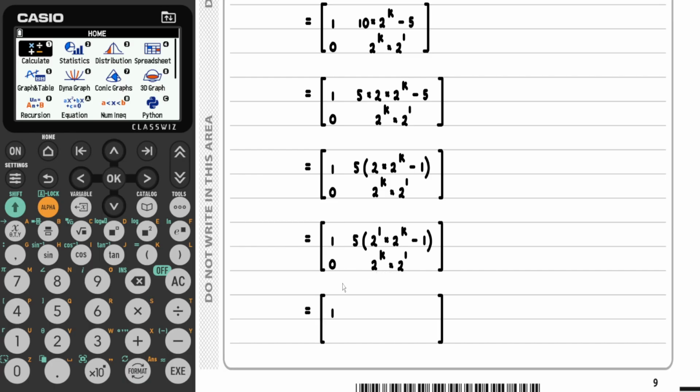And using the laws of indices, we've got [[1, 5 times 2 to the k plus 1 subtract 1], [0, 2 to the k plus 1]]. And that is exactly what we wanted to show.